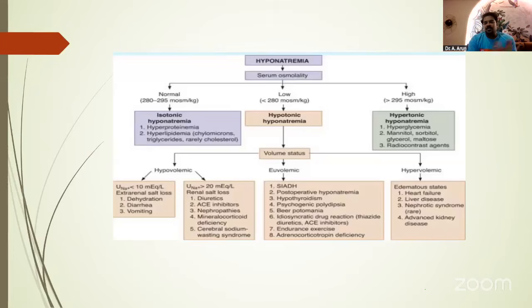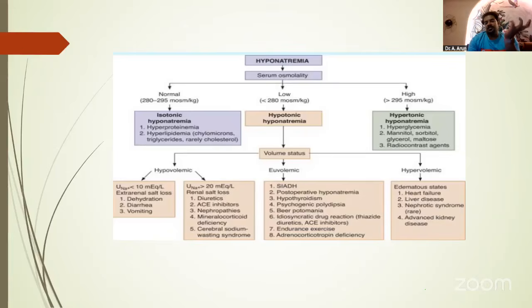So this is the protocol that we follow. First of all, we see whether the person has a serum osmolality that is normal, low, or high. With a normal serum osmolality, we have to rule out protein intake, and we have to see hyperlipidemia.